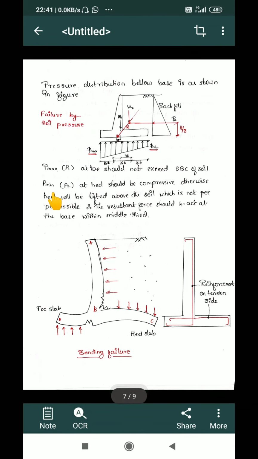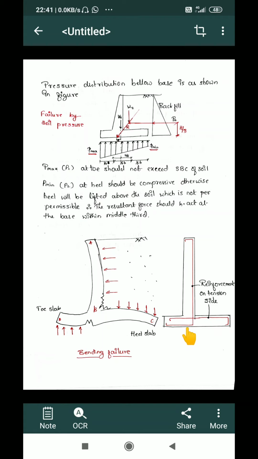And P minimum, that is P2 at the heel, should be compressive. Otherwise, the heel will be lifted above the soil, which is not permissible, and if the heel is lifted, then the retaining wall will fail by overturning.